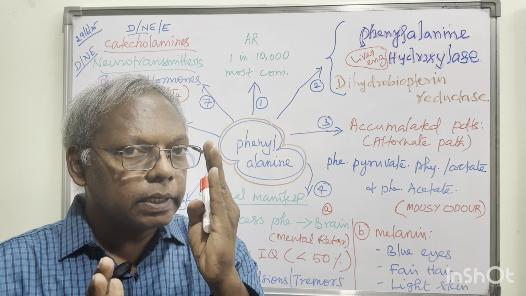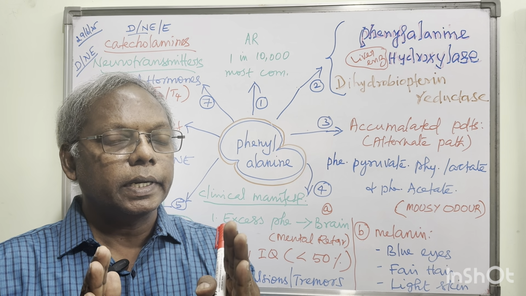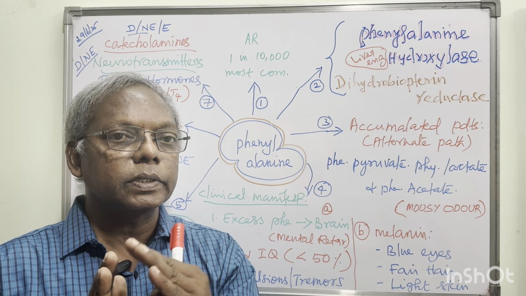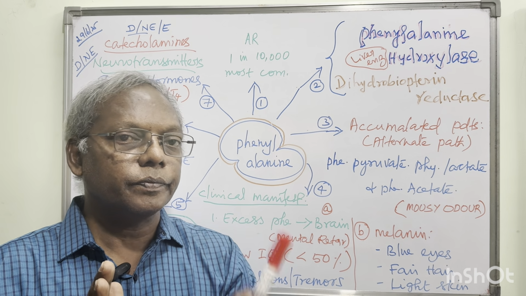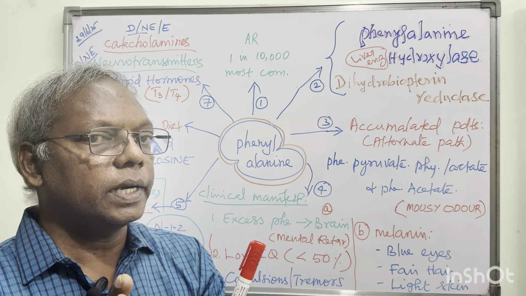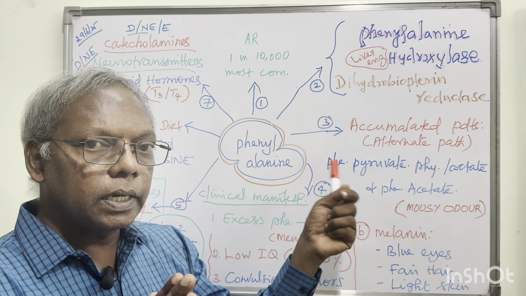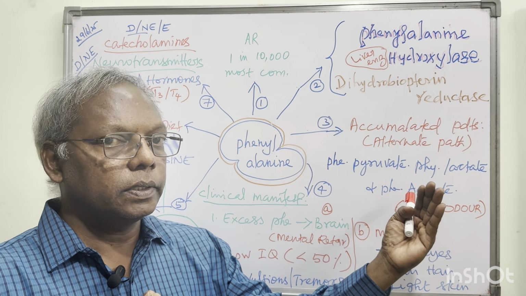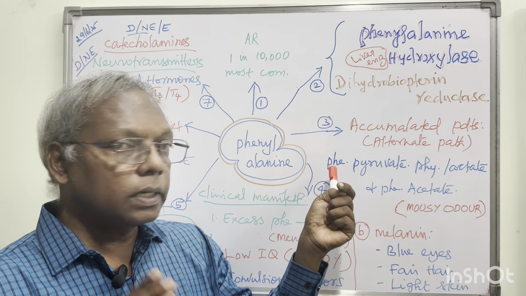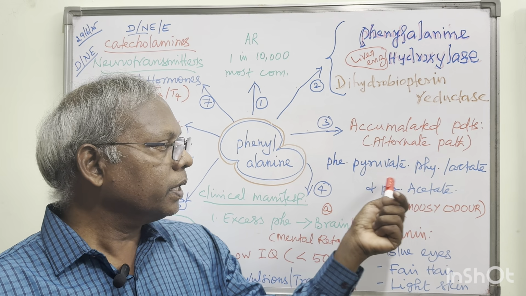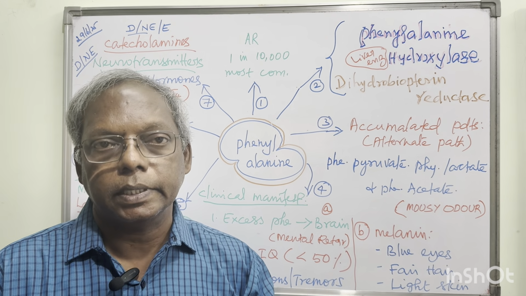Here the problem is the enzyme phenylalanine hydroxylase is not able to convert phenylalanine to tyrosine because of the absence or defective enzyme. So this phenylalanine goes for the alternate pathway, where they synthesize three alternate products: phenyl pyruvate, phenyl lactate and phenyl acetate.